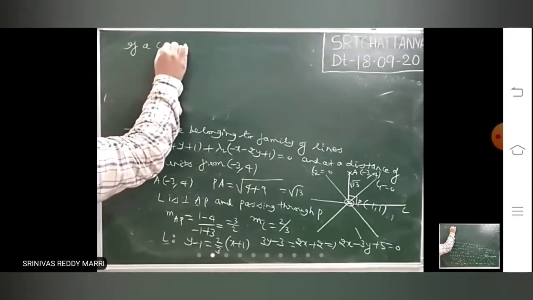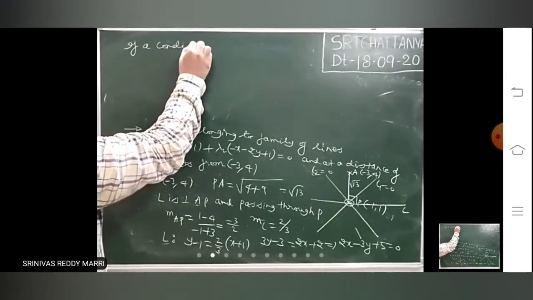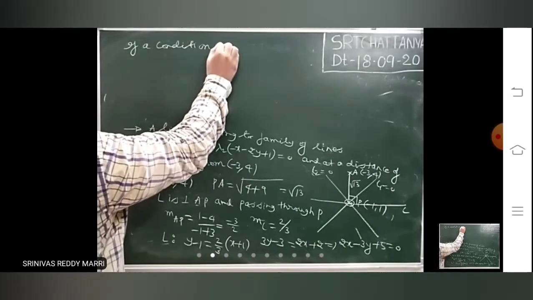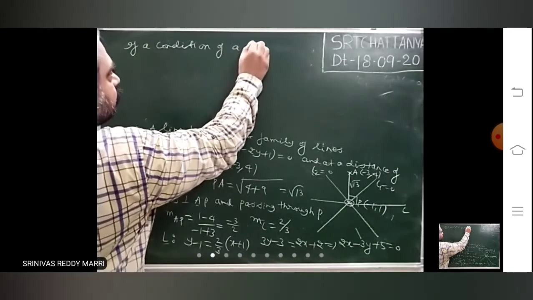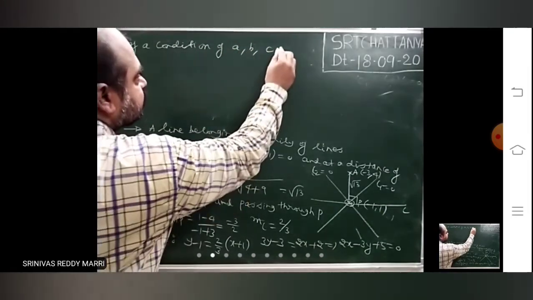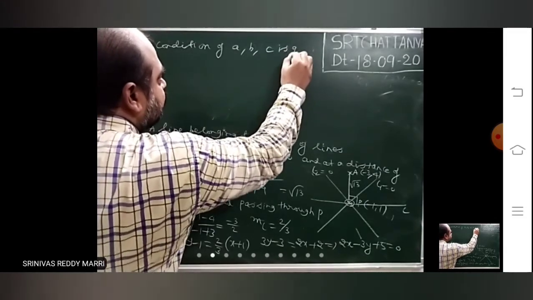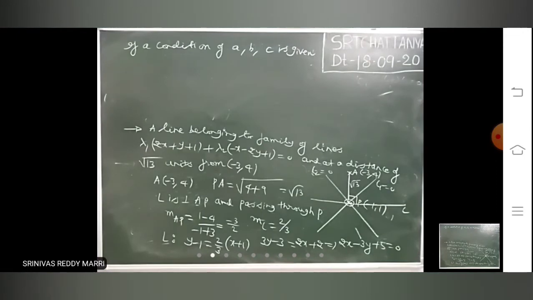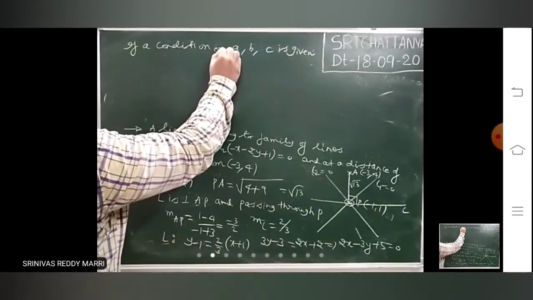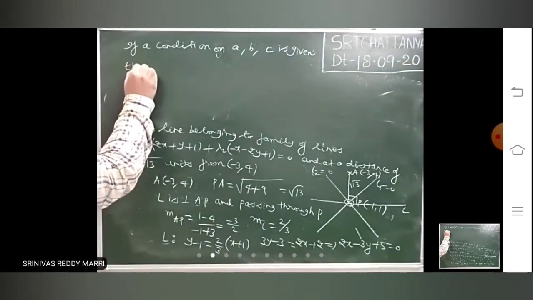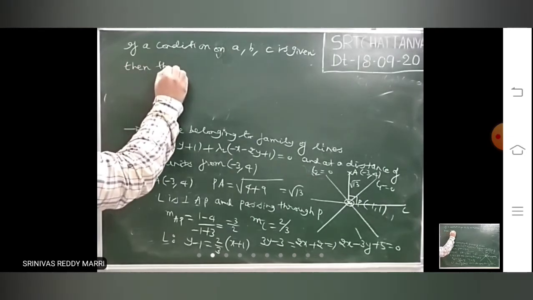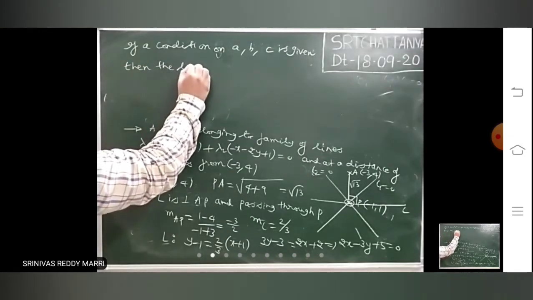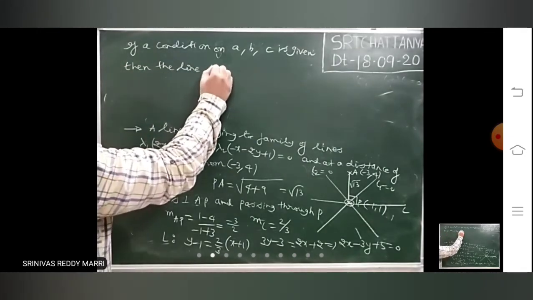If a condition on A, B, C is given, then the line passes through.